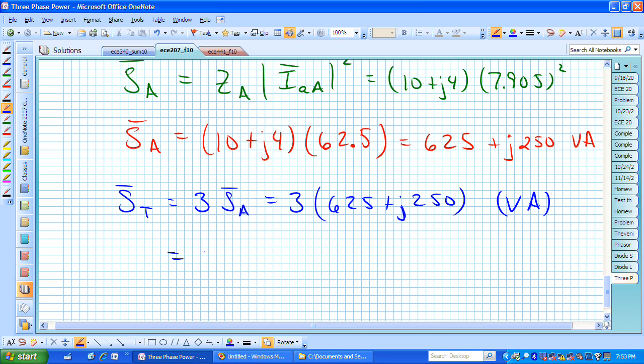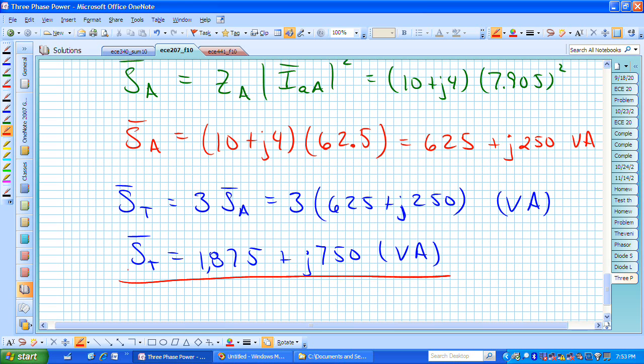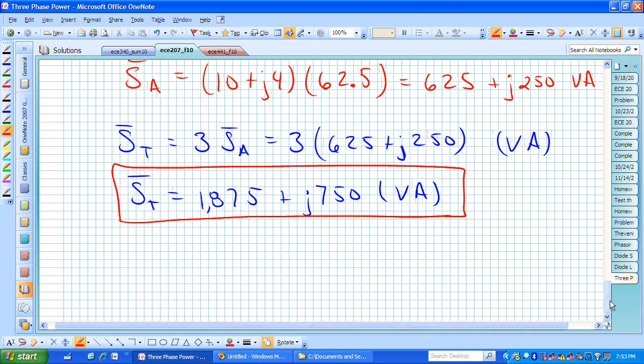If we multiply that out, we then have for our total load complex power, it's 1,875 watts plus J times 750 volt amperes. And that's the last piece of the 3 parts that were asked to be solved for in that particular problem.